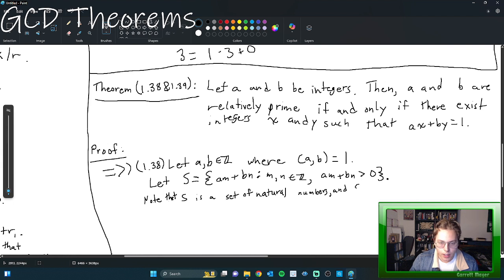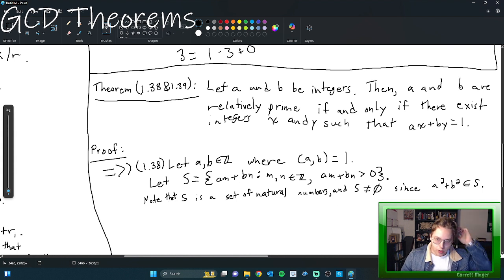And S is not empty, since a squared plus b squared would be a member of set S. Because all we need to show is that there's some integers we could substitute in here that makes it positive, and that's true if you substitute in a and b. You square both numbers, they're positive, and then you add them together, stay positive.